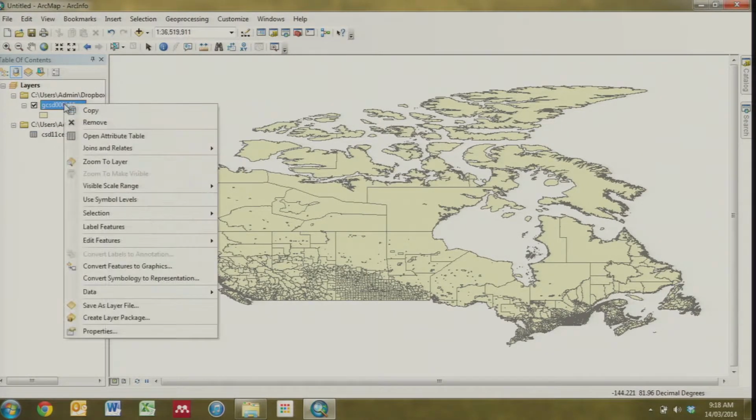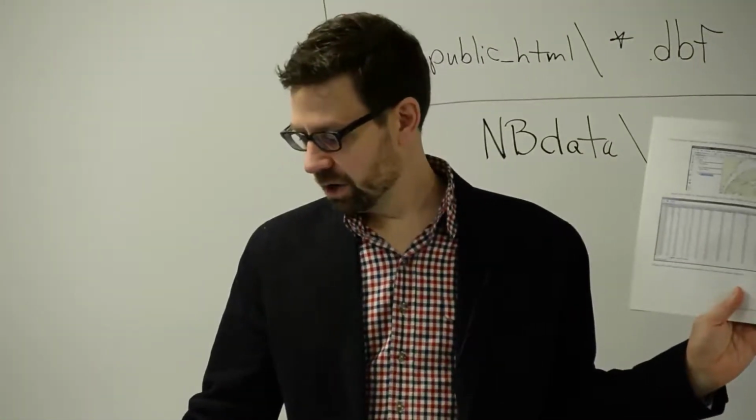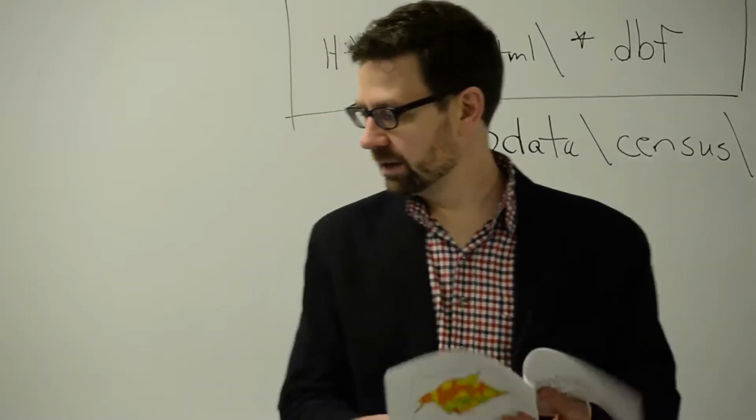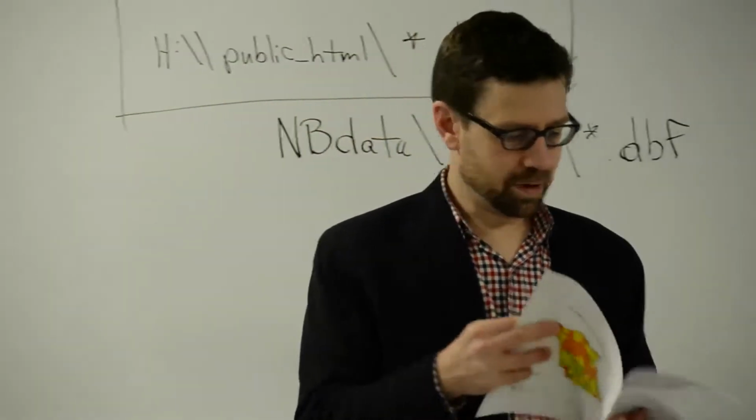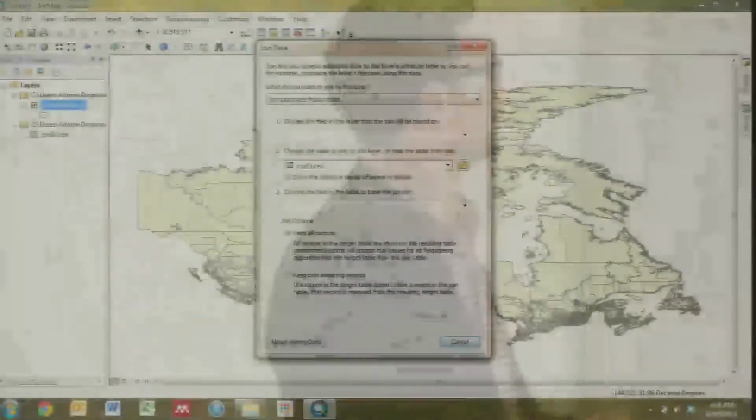So to join, we right-click on our CSD table and go to Joins and Relates. This is on page 26 of your workbook. I have a beautiful image there showing us how to do that. You right-click on your CSD layer and go Join, and it'll load up the box that's on page 27.